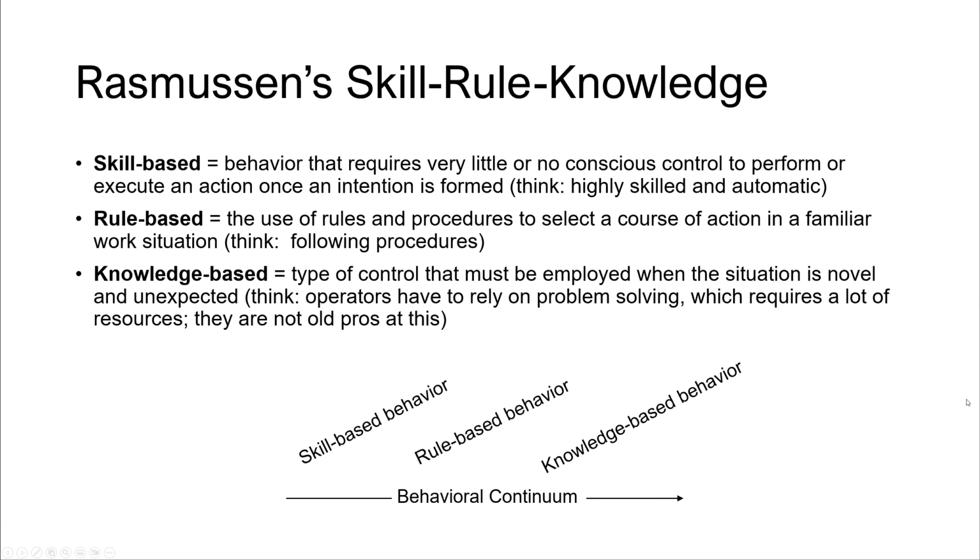So then looking at Rasmussen's skill, rule, knowledge framework. Rasmussen theorized that most human decision-making and behavior falls into one of three bins: skill-based, rule-based, and knowledge-based behavior. Basically, when we're babies, everything's knowledge-based. We're trying to figure out different things.